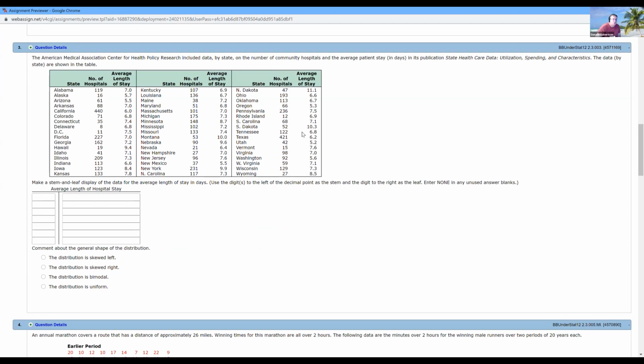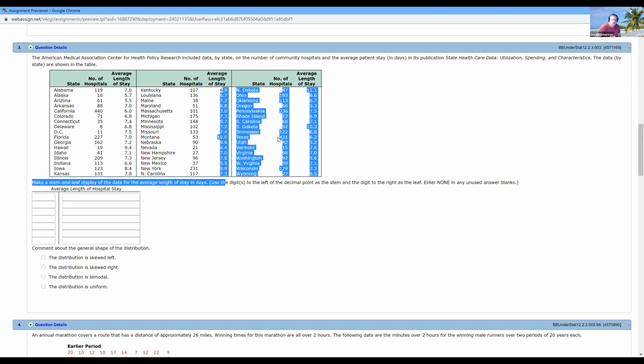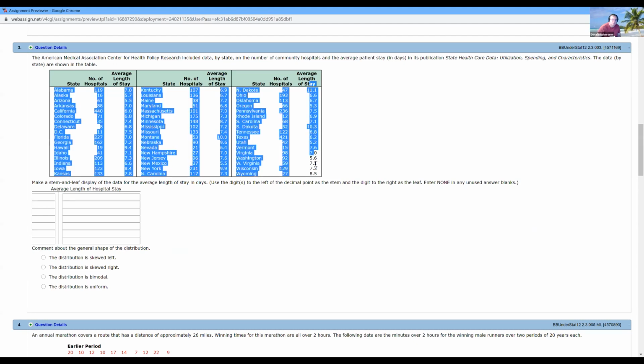Here is a whole load of stuff, and you're going to make a stem and leaf display for the average daily length of stay in days. So you don't need to worry about Alabama. You only need to look at this last column of data, at least for this one. Right? See the last column?